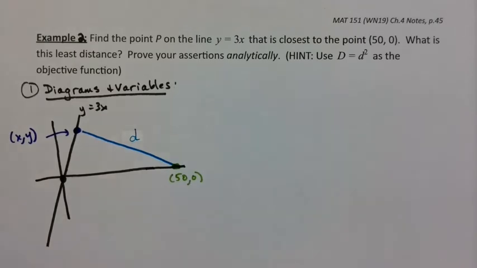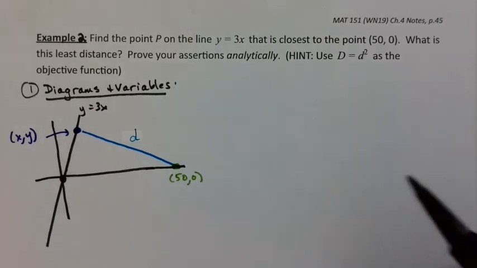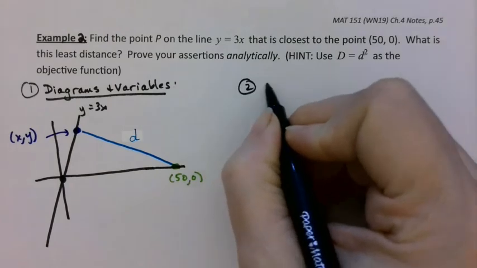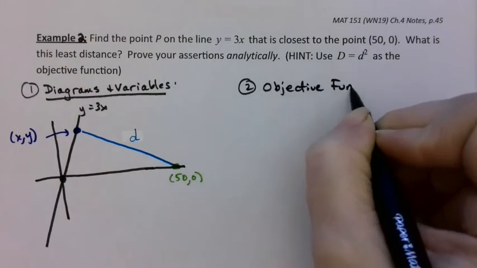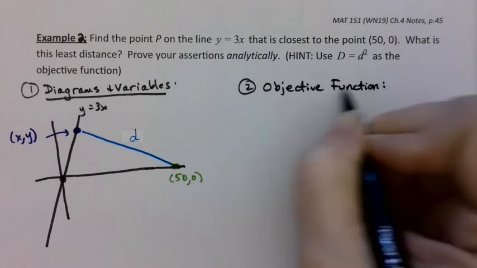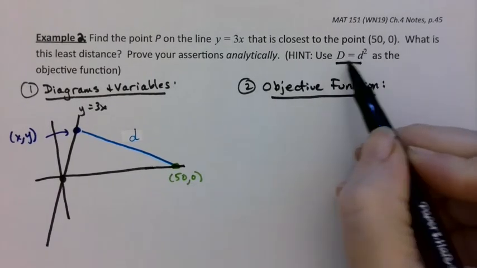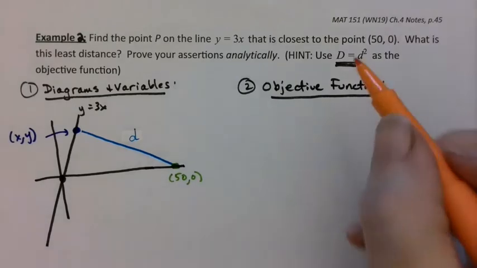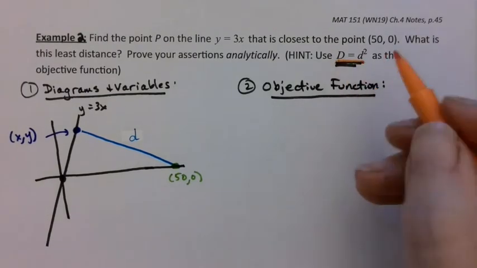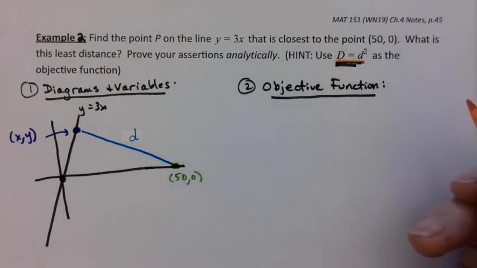So now I need to come up with an objective function. Well, they tell us right here. They say use capital D equals little d squared. And that's actually very common in distance problems to not use distance itself.